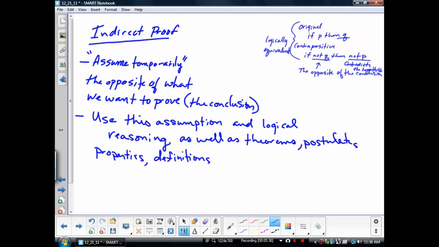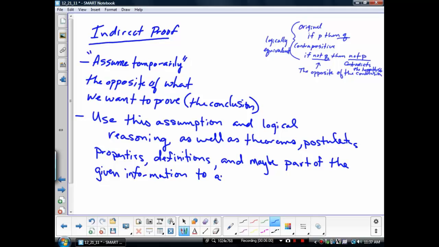Okay, so we sometimes will use part of the given to arrive at a contradiction of either the given or some other known property.